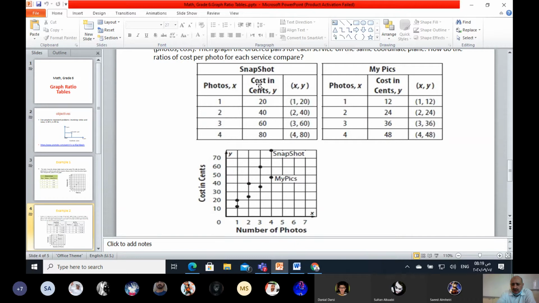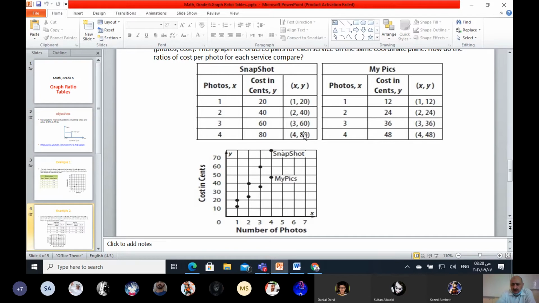And the second row is cost, this is y. One photo, the cost is $20. I can write this as the ordered pair (1, 20). Here 2, here 40, I can write (2, 40). Here 3, here 60, I can write (3, 60). Here 4, here 80, I can write (4, 80).